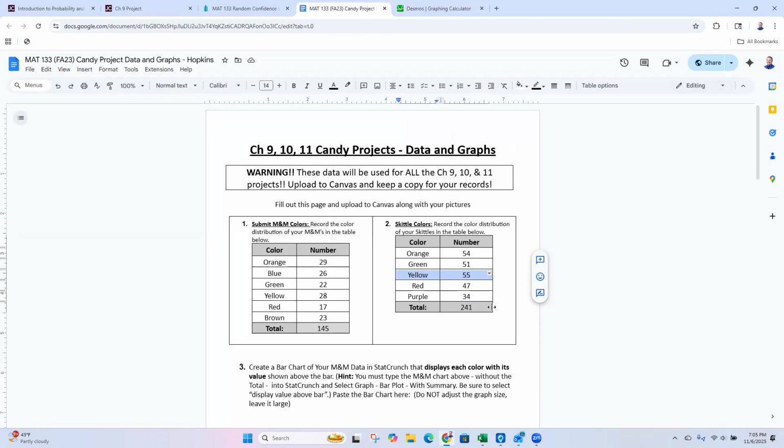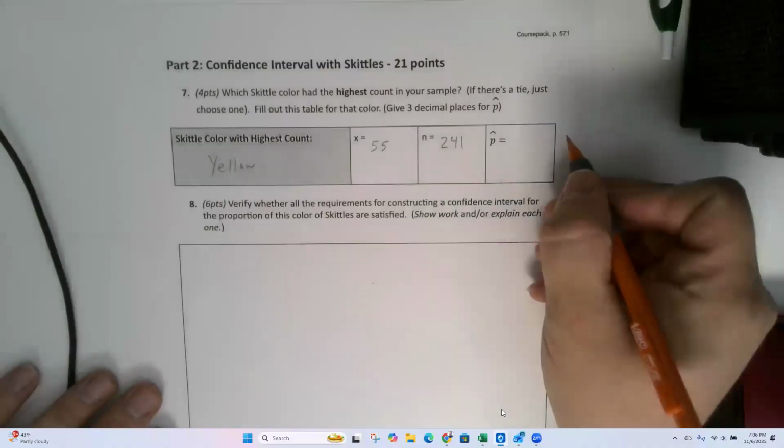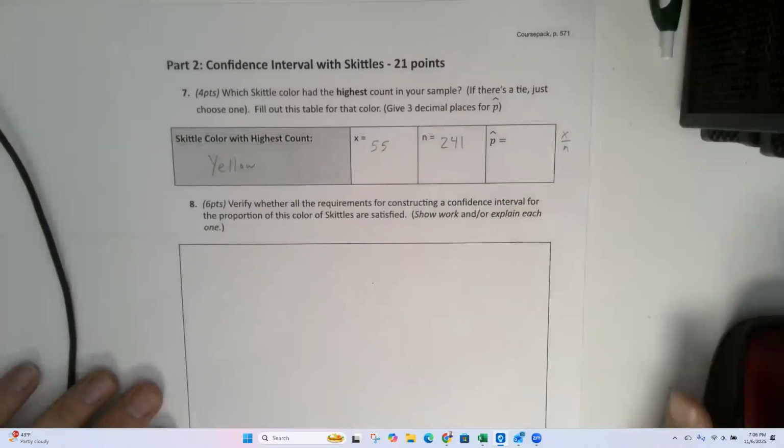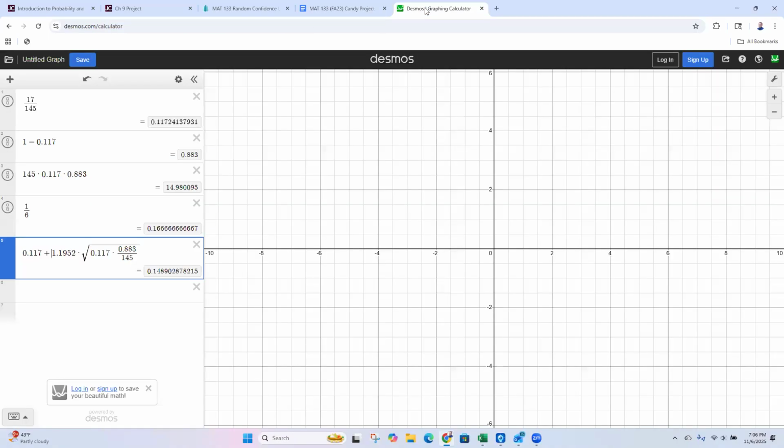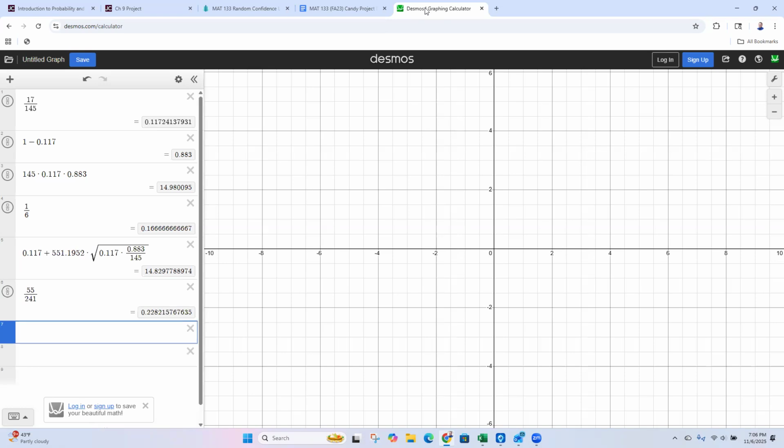X for me was 55. My n was 241. My p hat is x divided by n, which is 55 divided by 241, which is 0.228.